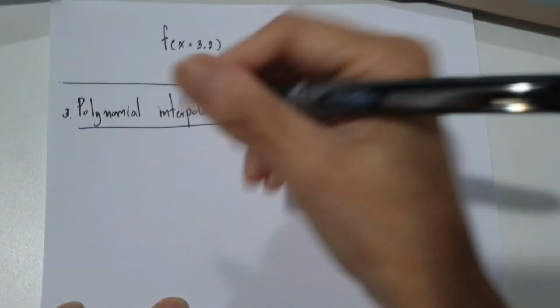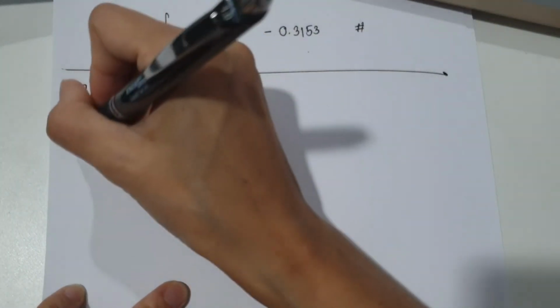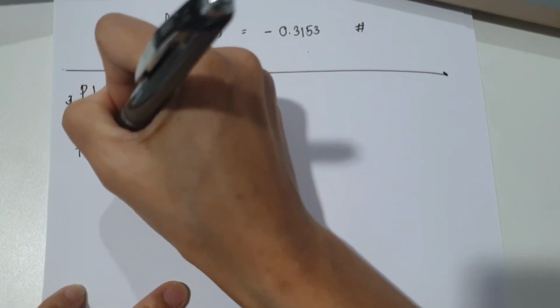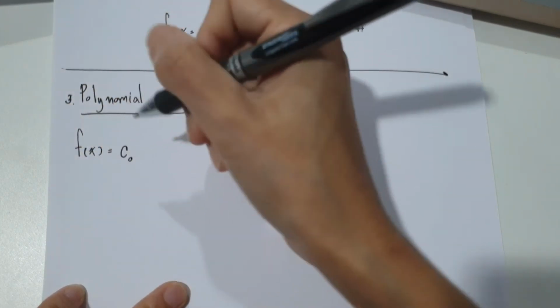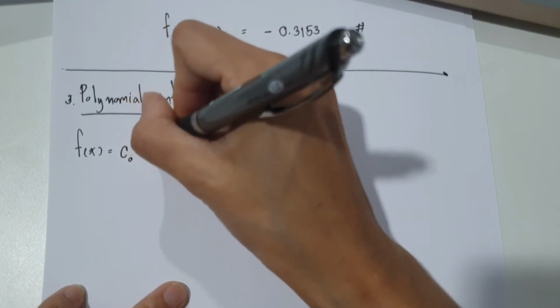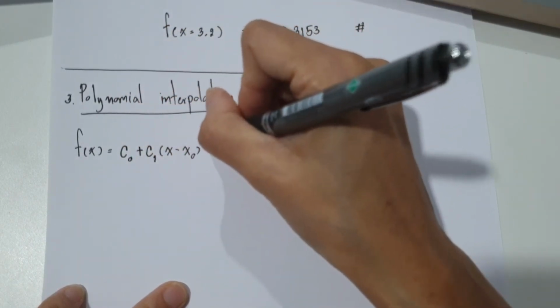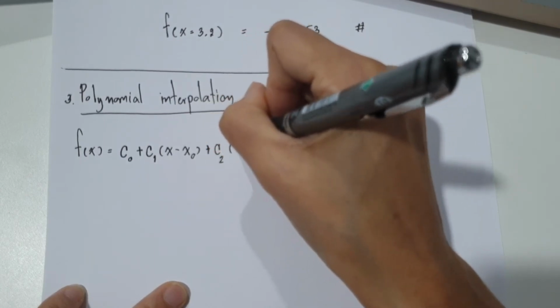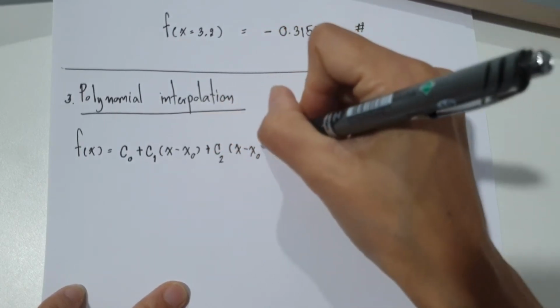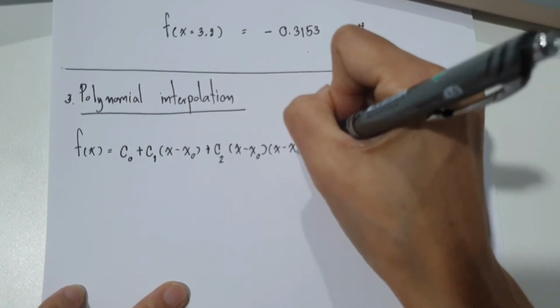For the polynomial interpolation, the form we represent is f(x) equal to c0 plus c1 (x minus x0) plus c2 (x minus x0) times (x minus x1).